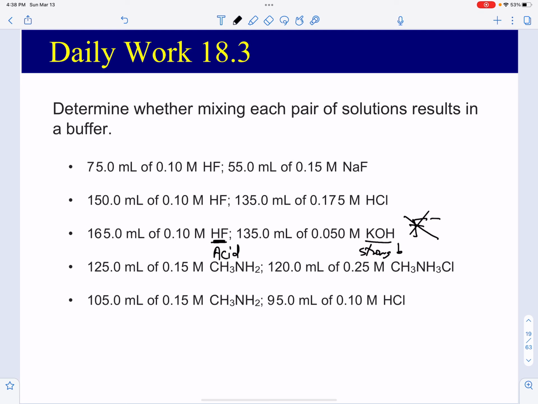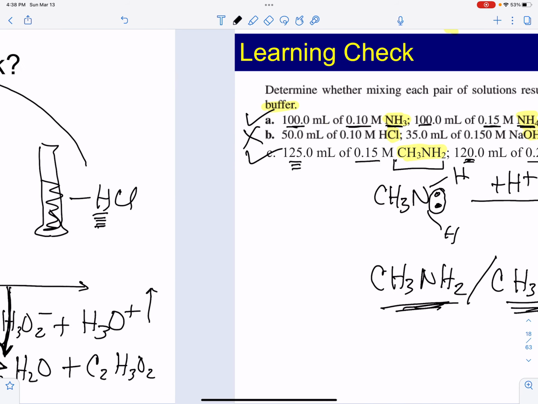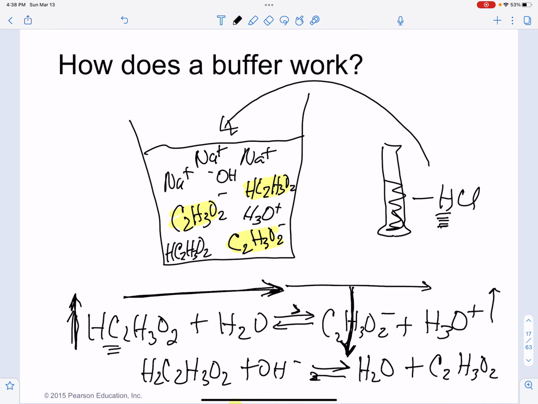So this is one similar to the one we did earlier, where some of the acid reacted, producing a given amount of the conjugate base. So the resulting quantities based on the stoichiometry are going to be similar to it. That's what we did in this explanation here when we were talking about how a buffer works.